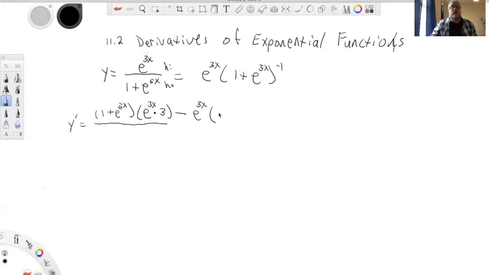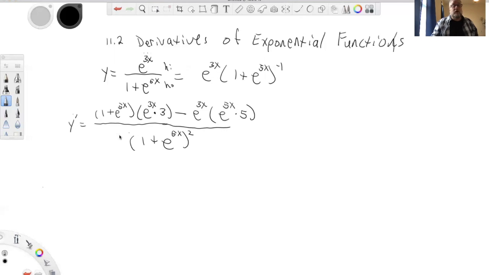Derivative of e to the 5x is e to the 5x times 5, all over ho squared. 1 plus e to the 5x squared. I hope no one asked me to simplify this beast. We could probably do it, but it's not going to be very pretty.